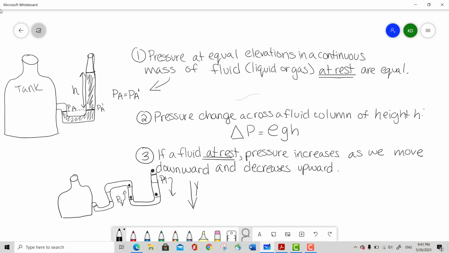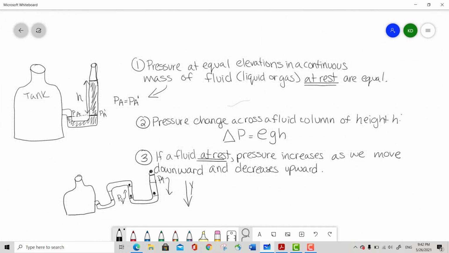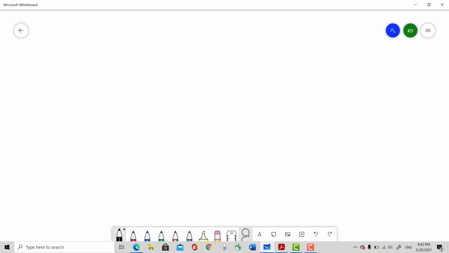Okay, and let's do an example of a system at rest. I'm just going to go ahead and get a new page because my pages are having a little bit of trouble. Okay, so we've got an example of a system at rest.